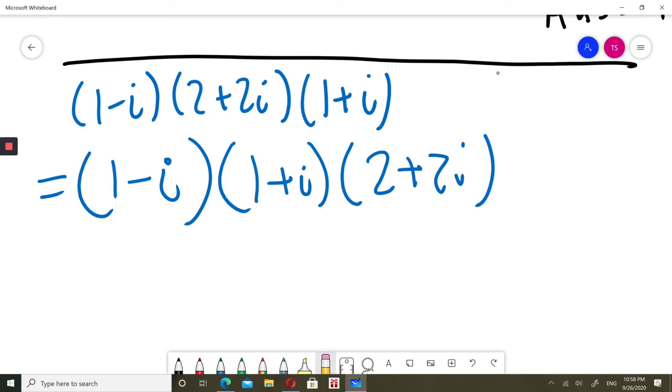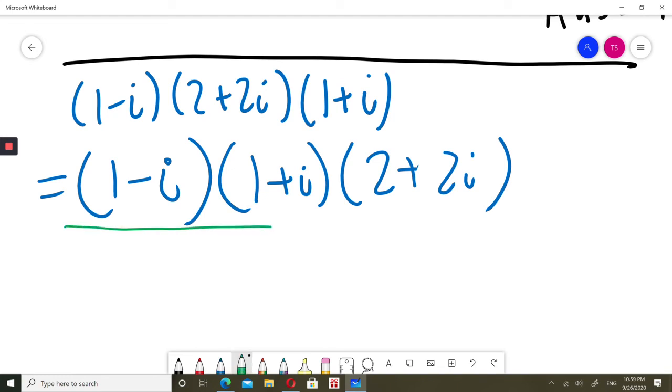Okay, I'll write it a bit nicer here: (1 - i)(1 + i) times (2 + 2i). Then I can see, for the first two brackets, I can just use the formula (x - y)(x + y) equals x squared minus y squared, which is 1 squared minus i squared.